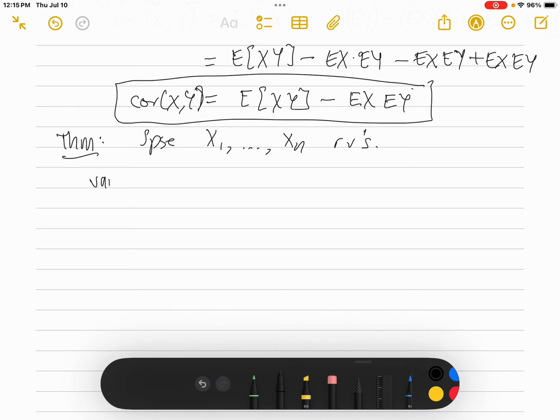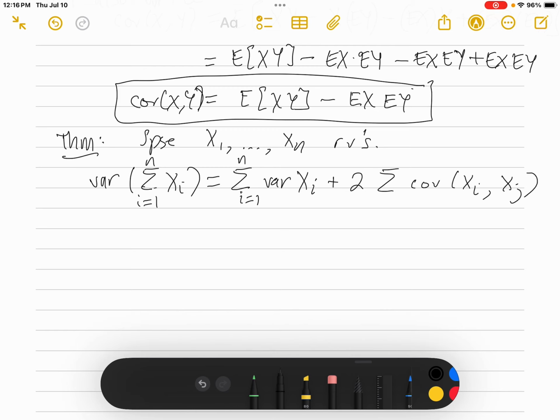Then the variance of the sum of the xi's is equal to the sum of the variances of the individual xi's, with i going from 1 to n, plus 2 times the sum of the covariance of xi with xj, where i is strictly less than j. So i goes from 1 to n and j goes from 1 to n, but you have this restriction that i is strictly less than j.